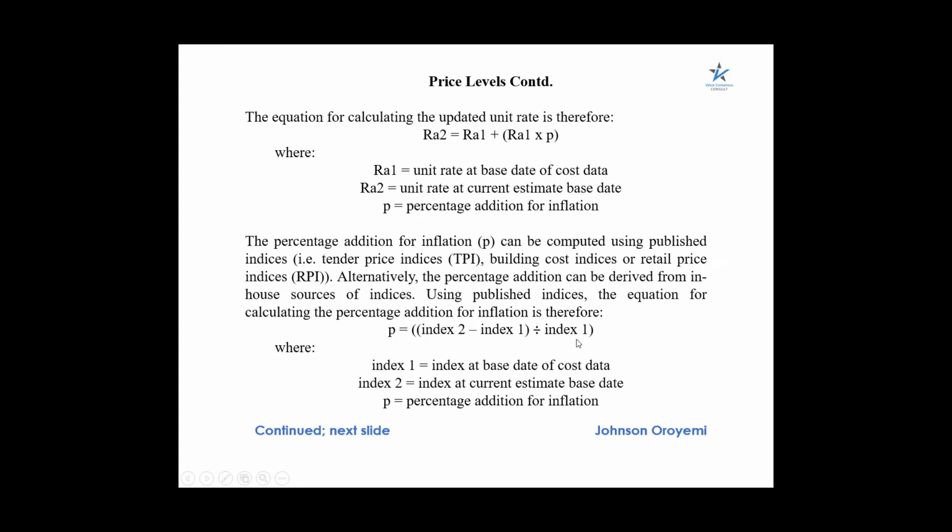Whatsoever we get there, we divide by Index 1, which will give us our percentage addition for inflation. Then we multiply that by RA1, which is the unit rate at base date of cost data, and we add it to RA1, and with that we get our updated unit rate. I hope you get that.